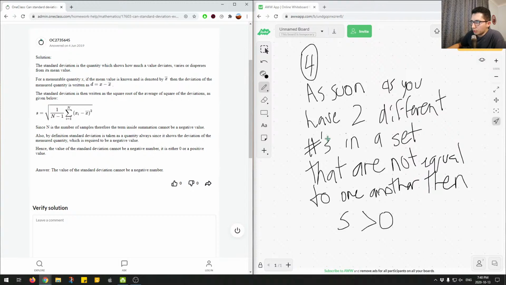So this is also another general rule. So for essentially all data sets, we'll always end up having a standard deviation that is positive.